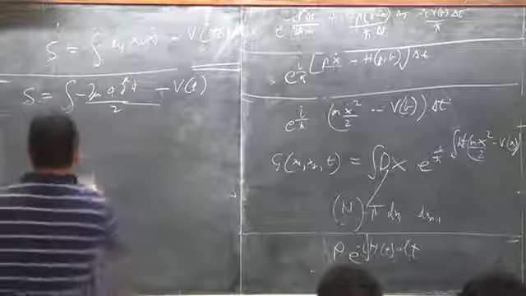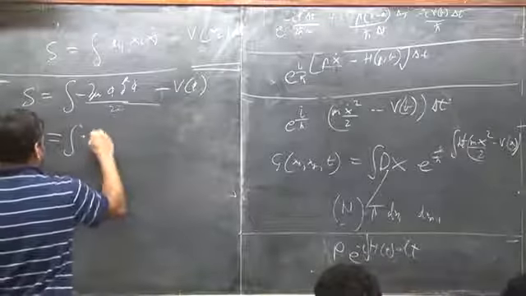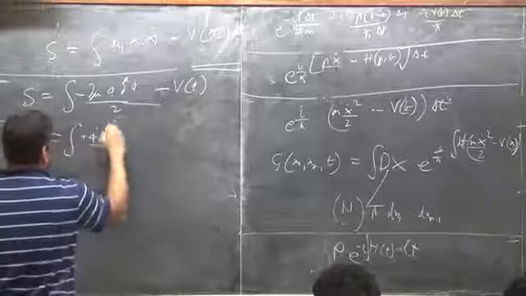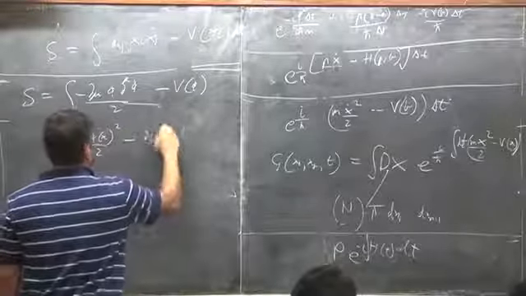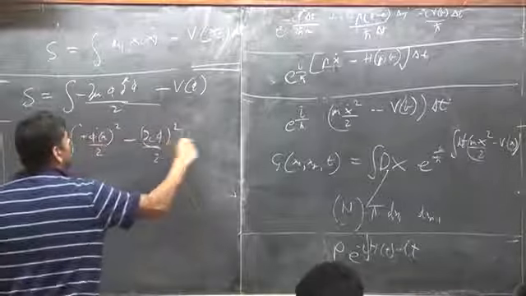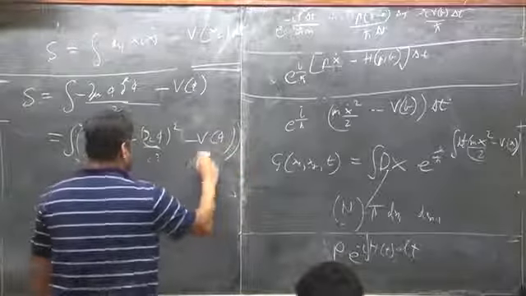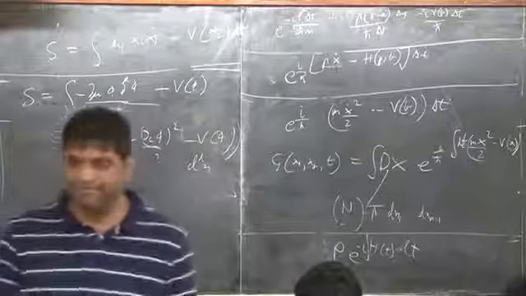With that choice of time, the action is what we have written. It's the integral of phi dot of x squared by 2 minus del I phi of x squared by 2 minus V of phi, d^d x. We're working in some d-dimensional space-time.